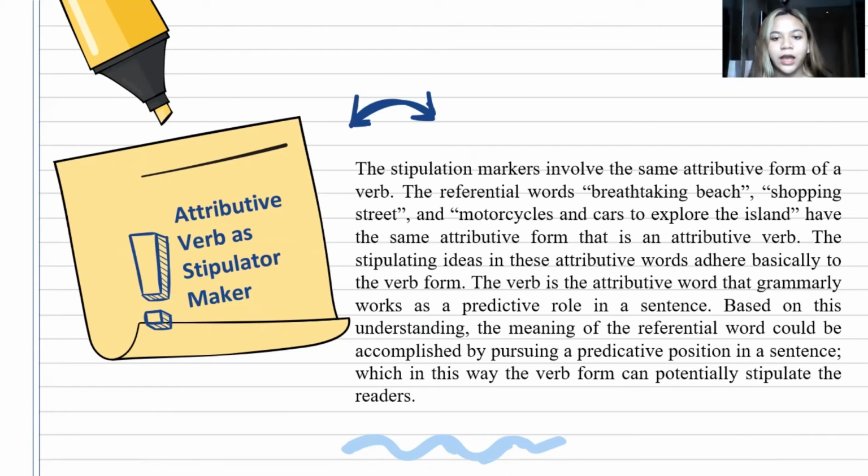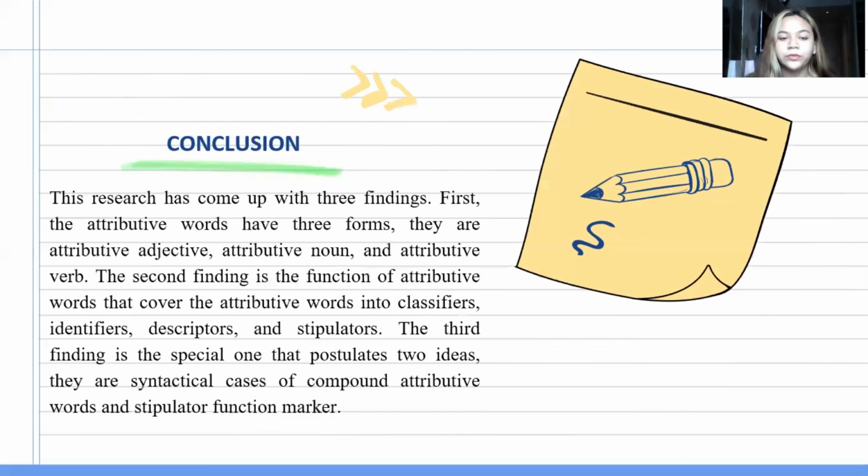The stipulating ideas in these attributive words adhere basically to the verb form. The verb is the attributive word that grammatically works as a predicative role in a sentence. Based on this understanding, the meaning of the referential word could be accomplished by pursuing a predicative position in a sentence, in which way the verb form can potentially stipulate the readers.